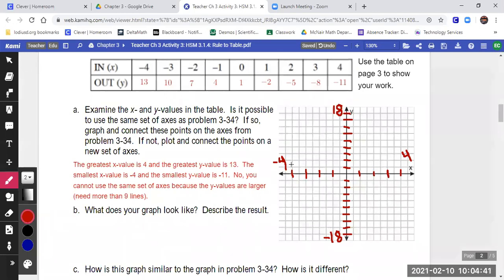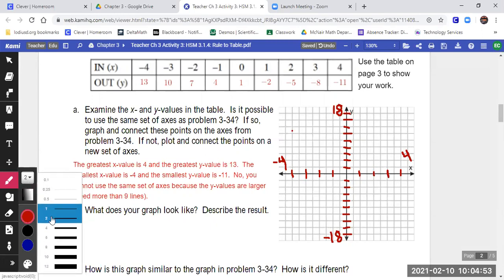So 2, 4, 6, 8, 10, 12, 13 would be halfway. And I'm going to go get the bigger dot. 13 would be halfway between 12 and 14, right?